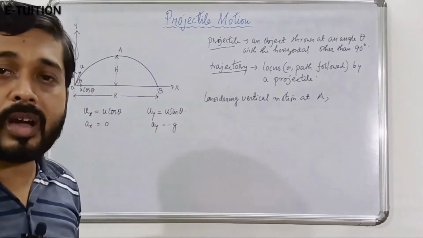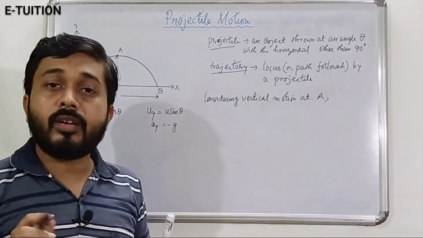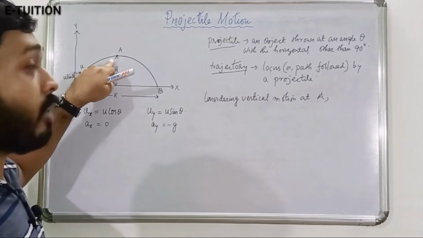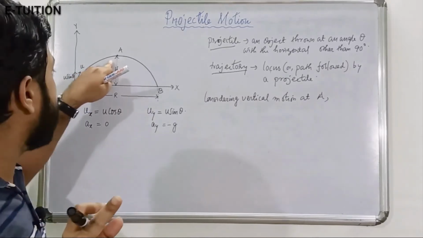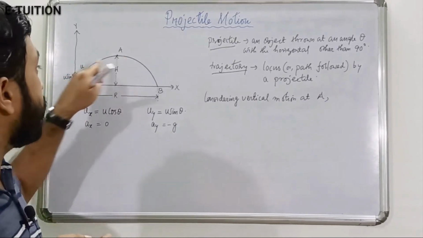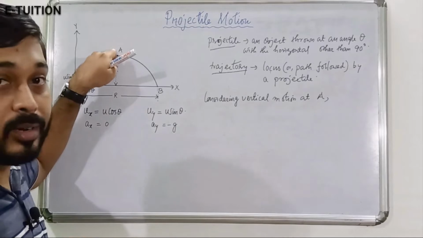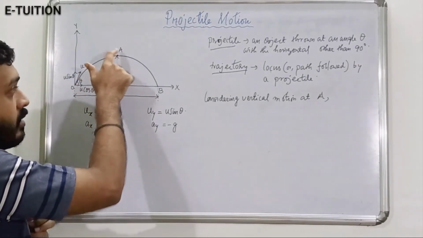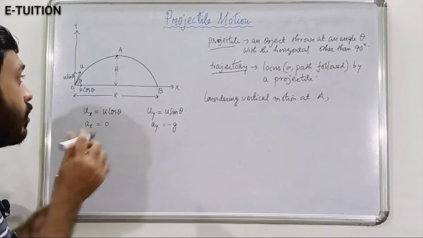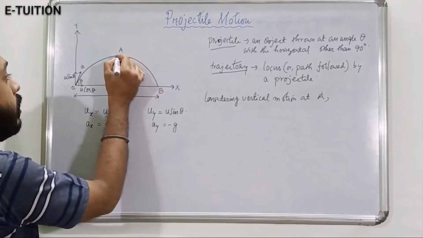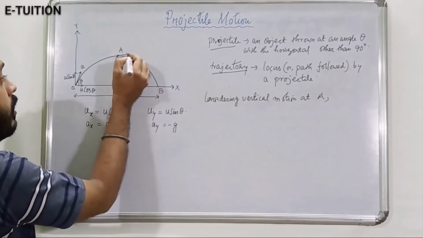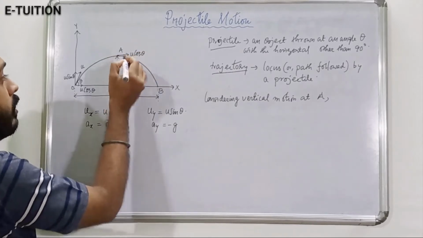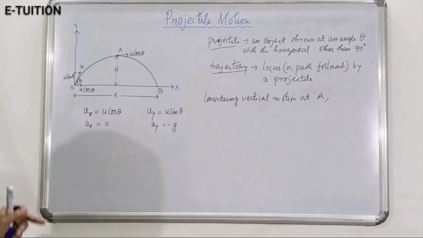we are going to apply the equation of motion v equals u plus at. What is the final velocity? Vertical motion I am considering, keep it in mind. So the final velocity of the vertical component is 0. The only velocity the projectile has at the point A is u cos theta. The vertical component of velocity is 0.